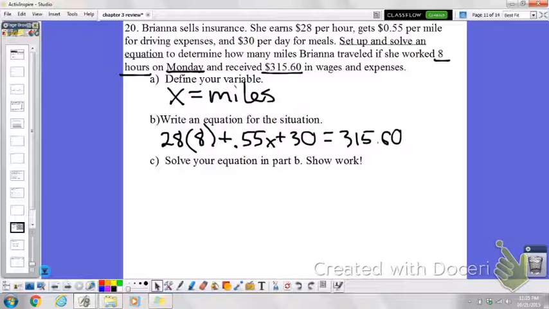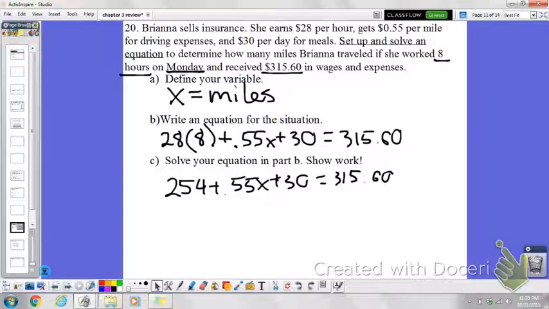First thing we need to do is multiply 28 times 8, which is 254. So we have 254 plus 0.55x plus 30, and that is equal to 315.60. Now we can combine some like terms.